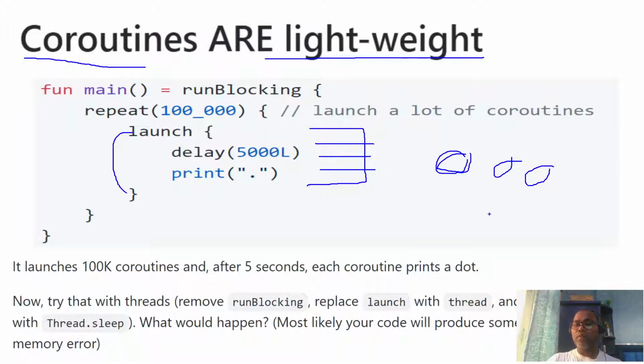Threads really are Java objects. If you create a number of threads, that number of objects are created in memory, and each system has limited memory. As per the available memory, you can create threads, but you can launch any number of coroutines.